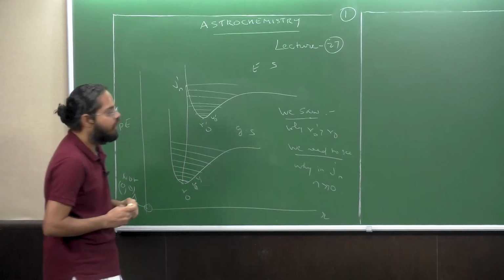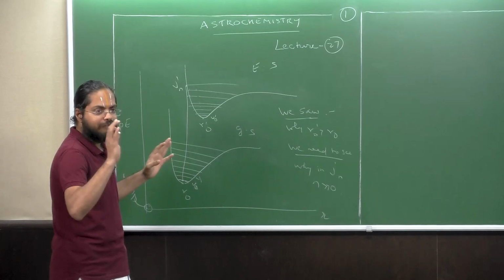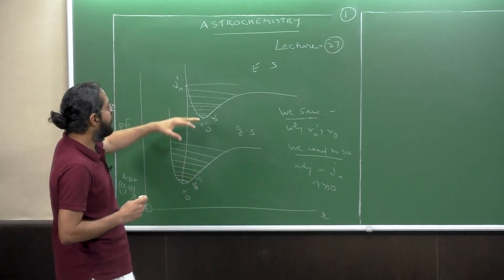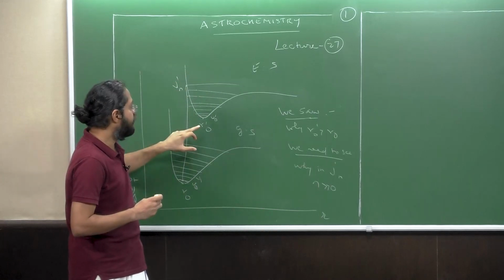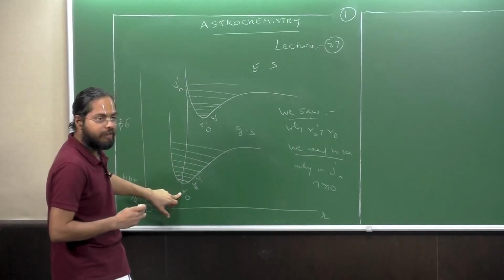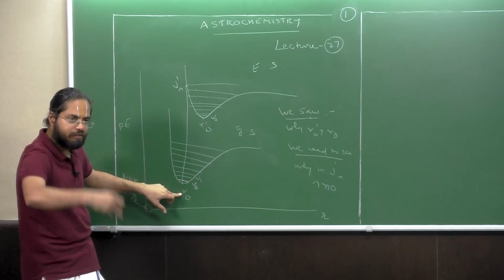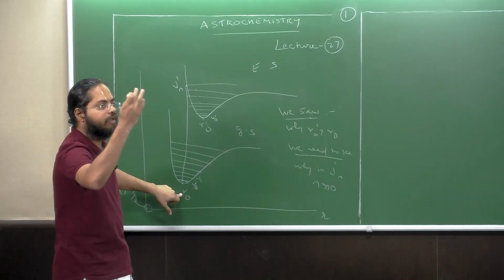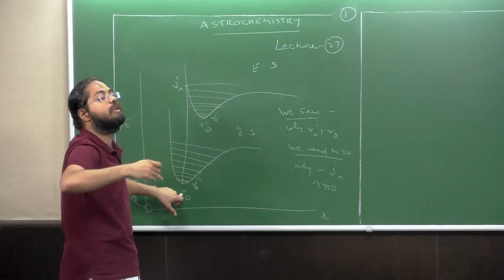Having seen this, we understood that in the excited electronic state, the equilibrium geometry is not the same as the equilibrium geometry in the ground electronic state. That is because, as you excite the molecule, the electron-nuclear attraction is typically reduced.